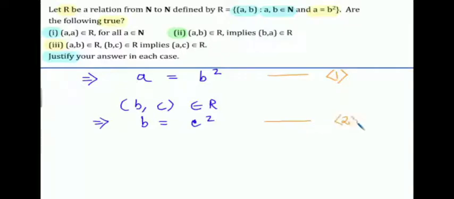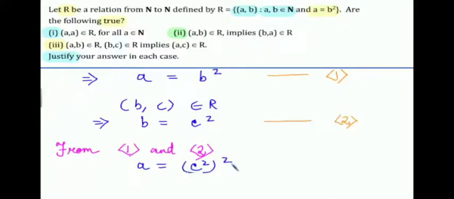Now you have to prove a = c² is true. From equations 1 and 2, a = b² and b = c², so a = (c²)², so a = c⁴.